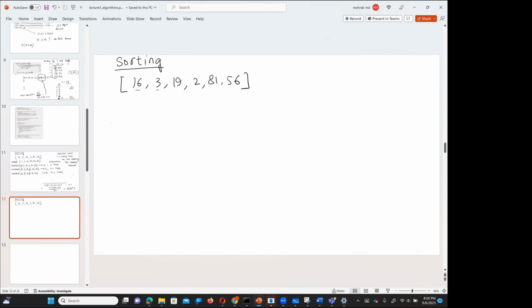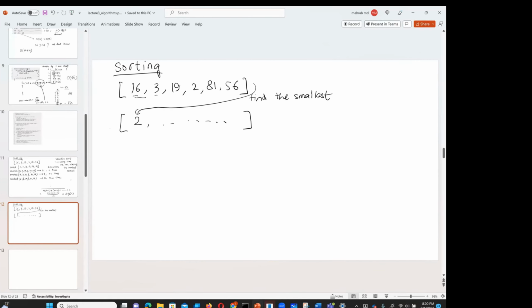So basically what my target is, next I have to put 2 here, right? So how can I do that? I can just try to find the smallest. And then how can I put the 2 here? I can just swap, right?